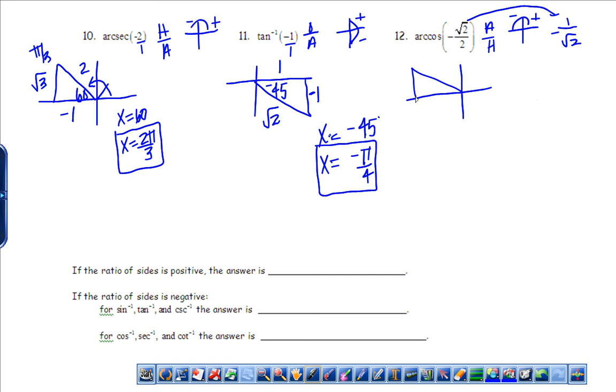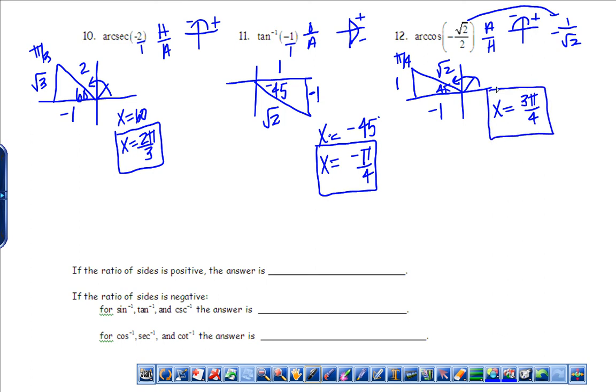We've got in the second quadrant, adjacent over hypotenuse. This has to be negative, and we have a 1 here. This is going to be 45. All right, I want to know what gives me 45 degrees. If this is split into half, and this is pi over 4. This would be 1 pi over 4, 2, and 3. So it looks like x is going to be 3 pi over 4.